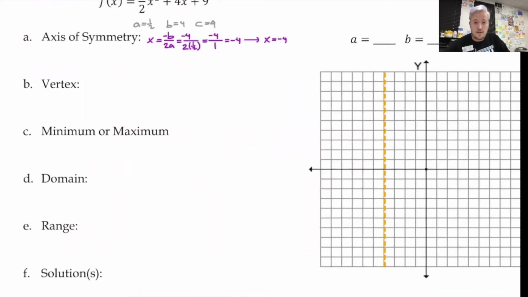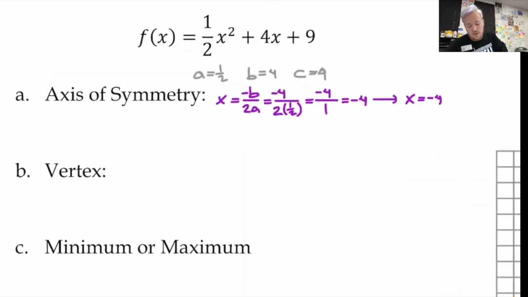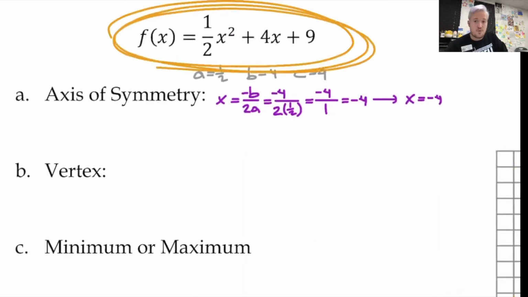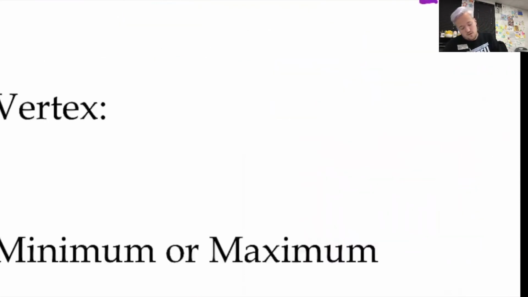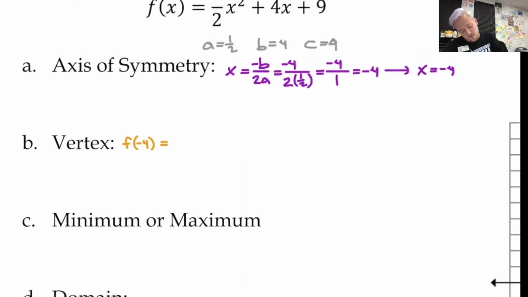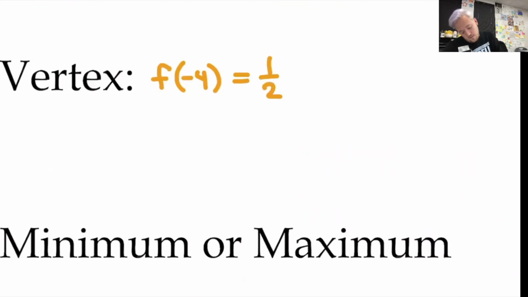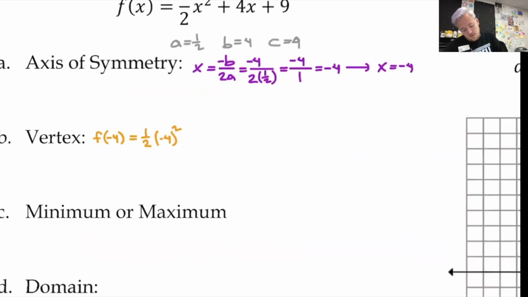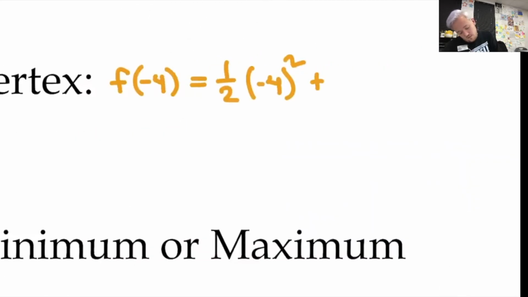So I'm going to take the AOS value that I just found, and I want to plug it into my original equation up here to find out what the y value is. So I'm going to do f of -4. All right, so I'm going to have 1/2 times -4 squared. And then I'm going to add 4 times -4.